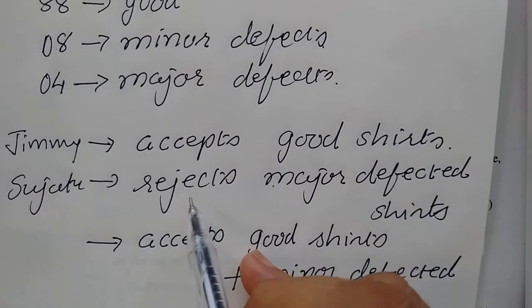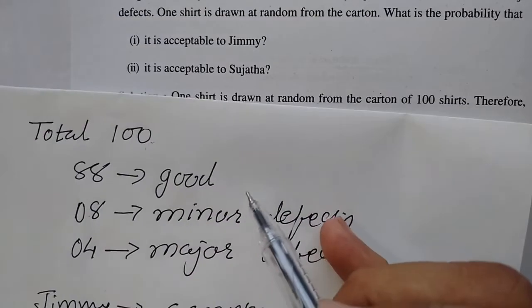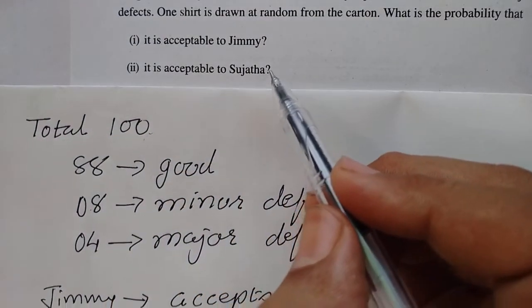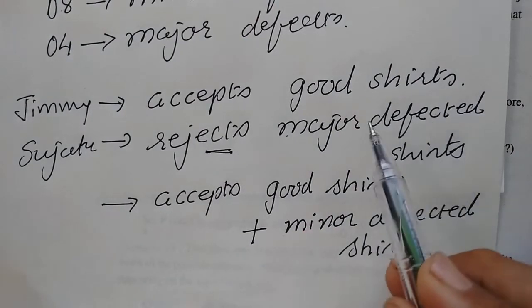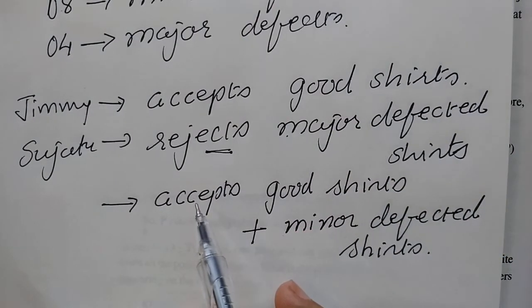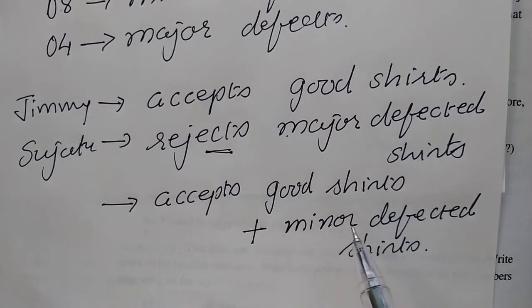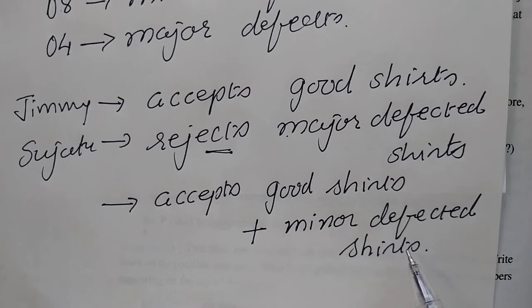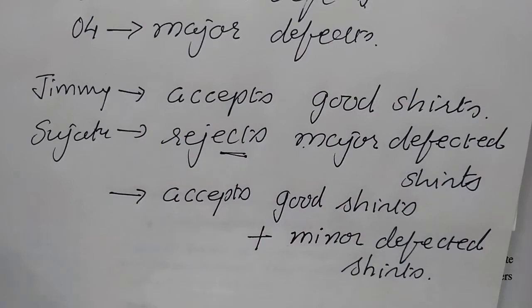Now children, this rejection is there. Question is what? Question is this way. Acceptable to Sujata. So she rejects major defected shirts. So acceptable means what? So she will accept good shirts and little bit minor defects are there. That type of shirts she will prefer. She will accept. Okay, children.